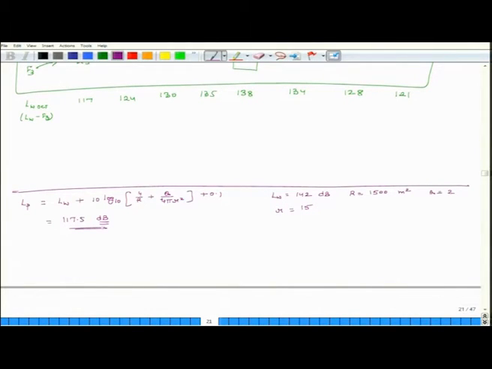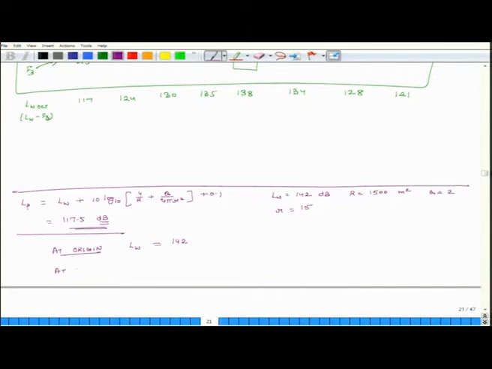Now, I have to see for each octave band what the sound pressure level is. So now here is the thing: at the source, LW is 142, right? This is what we have calculated.